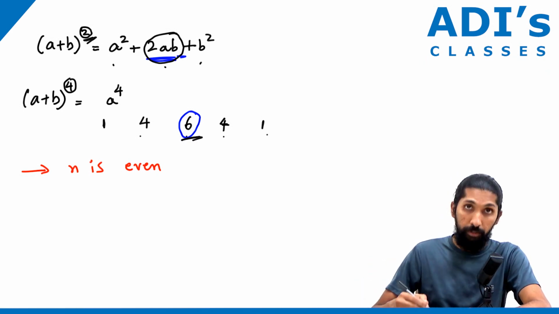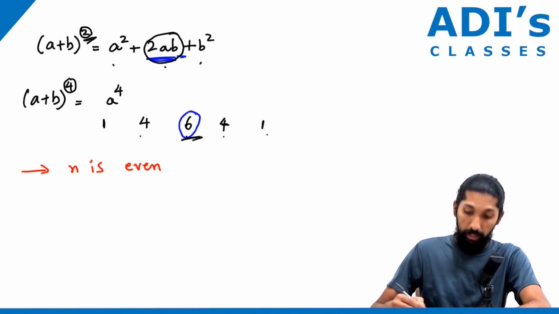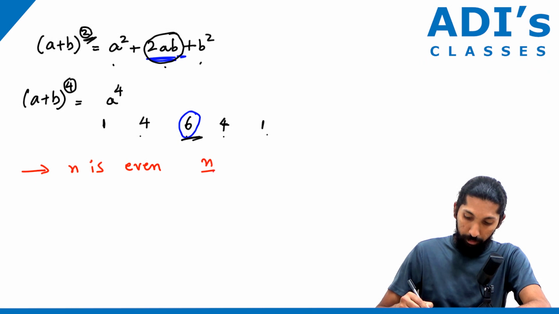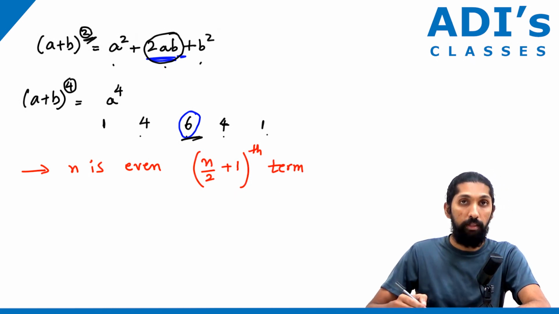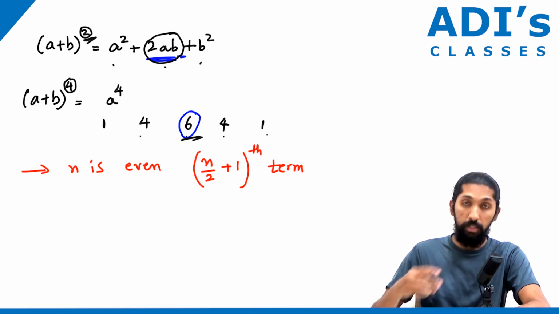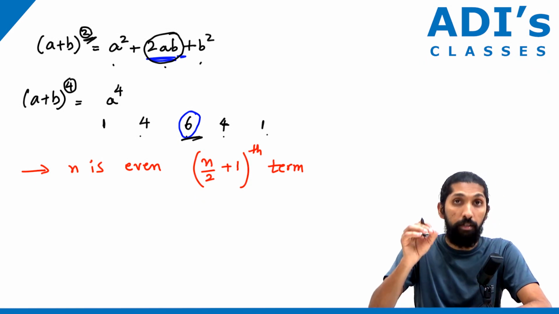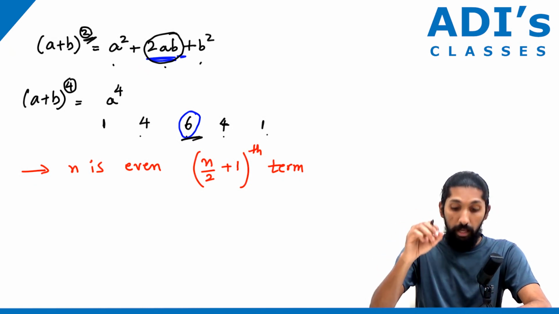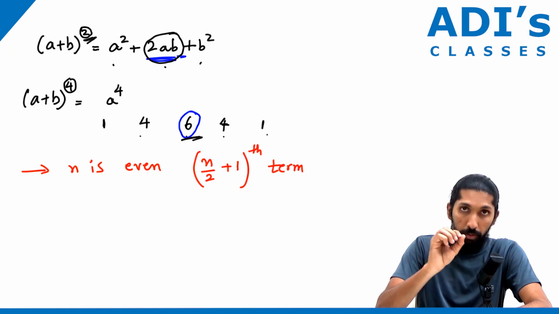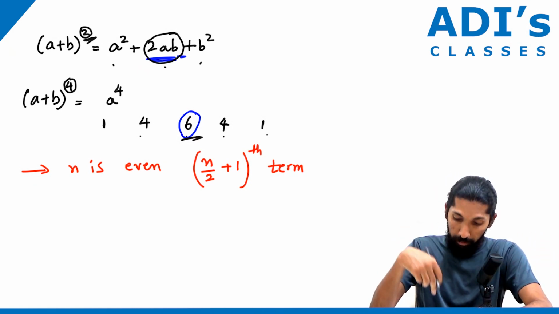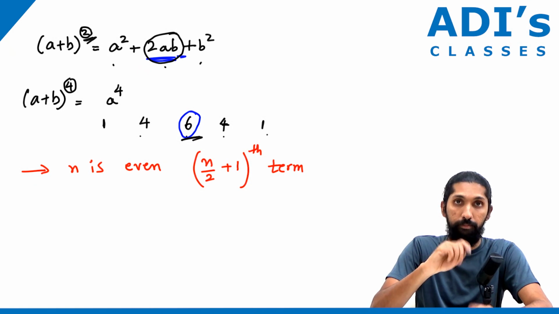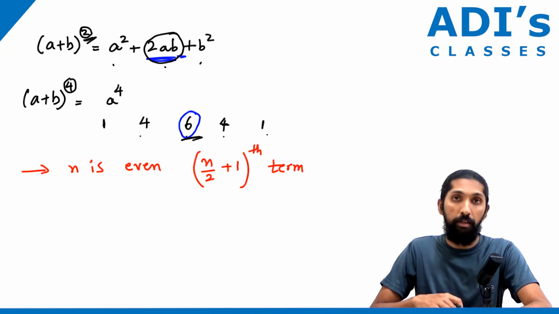That means when n is even, we get the n by 2 plus 1th term. This gives us the position of the midterm in the binomial expansion. Let me repeat this again. When n is even, the position of the midterm in the binomial expansion is given by the n by 2 plus 1th term. Clear? This is when n is an even number.